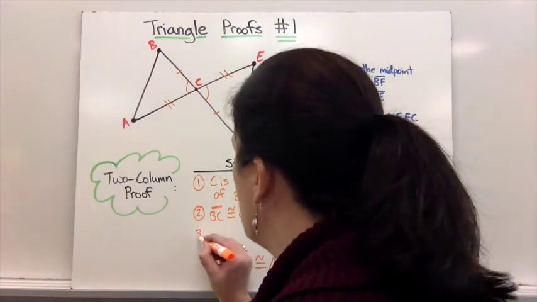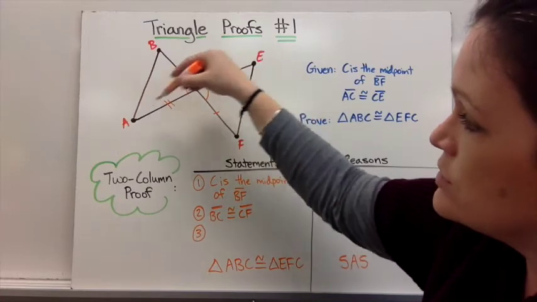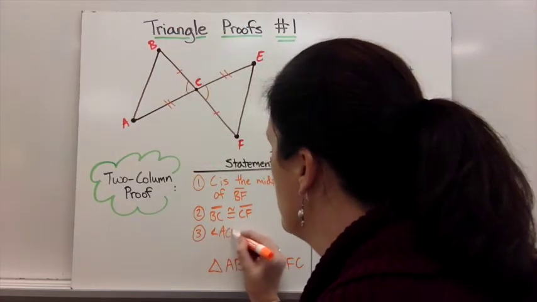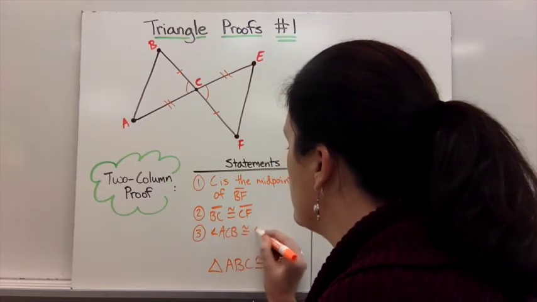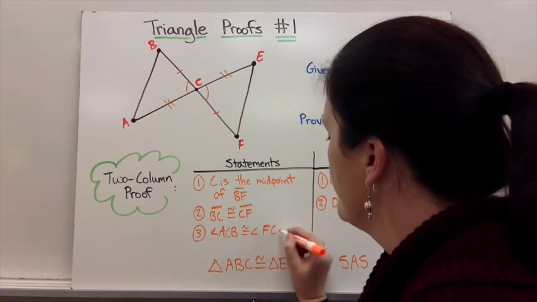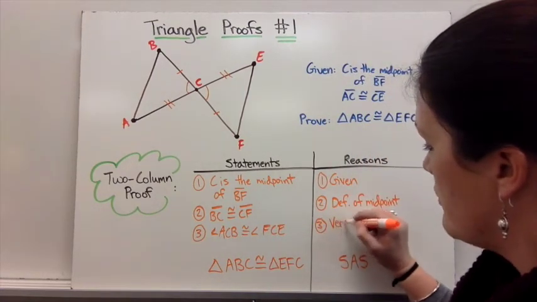So let's put number 3 will be the angles we found were congruent because they're vertical angles. So I'm going to put angle ACB would be congruent to angle FCE. And like I just said, that's because those are vertical angles.